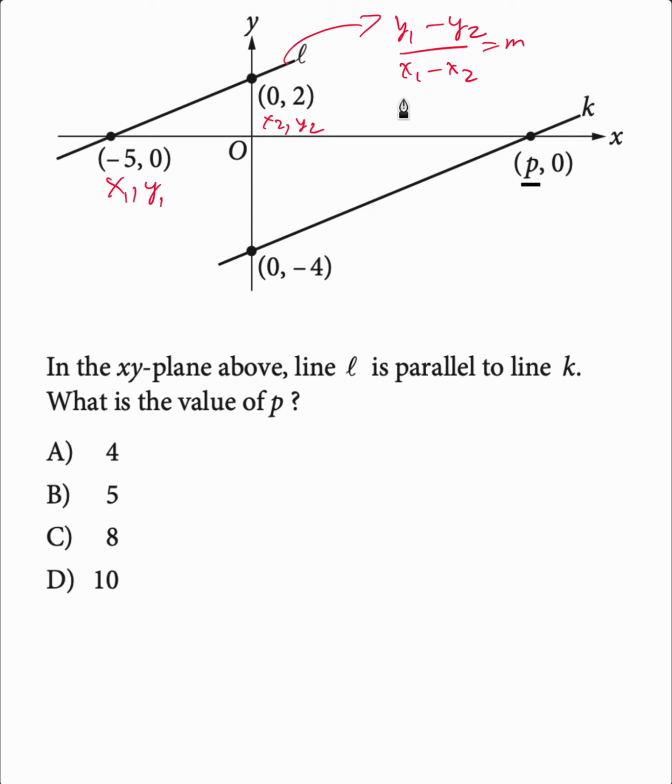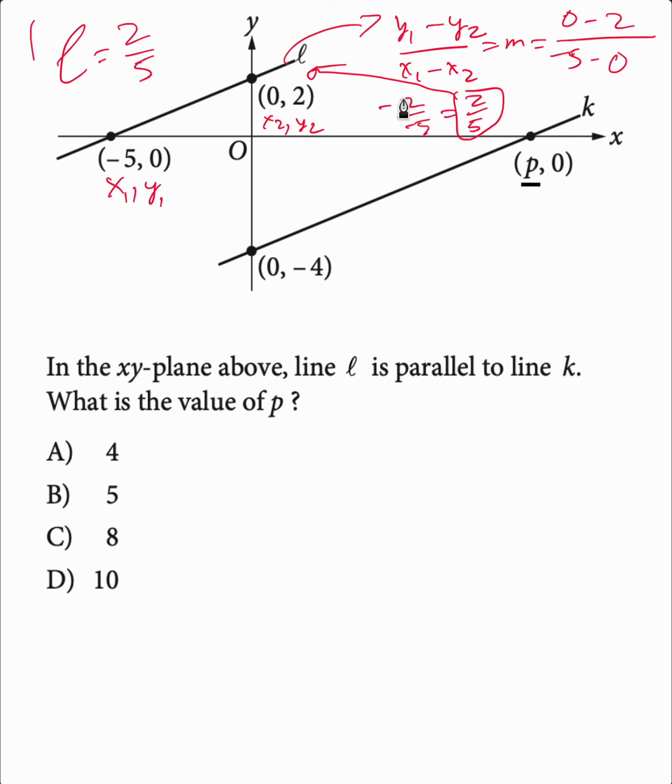Y1 is 0, so 0 minus Y2, which is 2, over X1, which is -5, minus 0. So the slope of this is -2 over -5, which is 2 over 5. So the slope of L is 2 over 5.